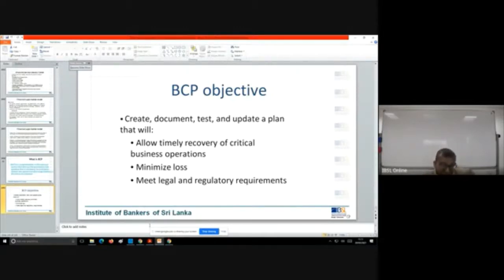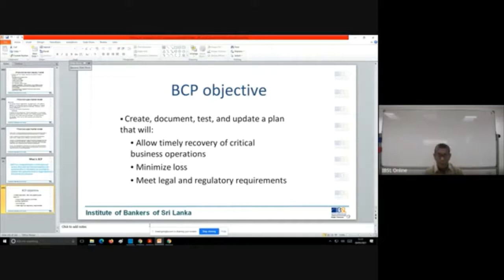This year's question is: compare and contrast CFP versus BCP. So now you know what BCP is. If you say BCP, you have to put the full name: Business Continuity Plan.